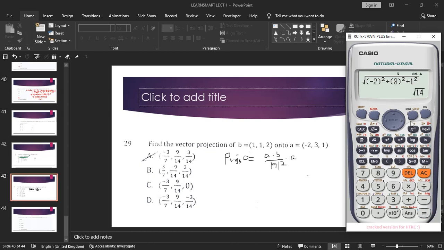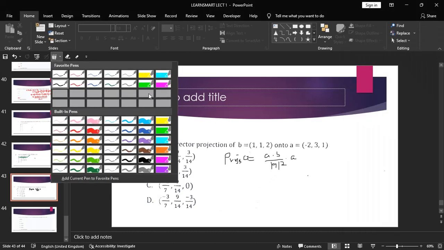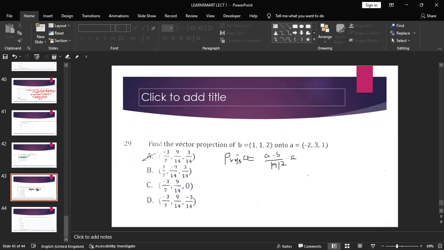So we have root 14 as the magnitude of A. Root 14, right, so let's proceed.